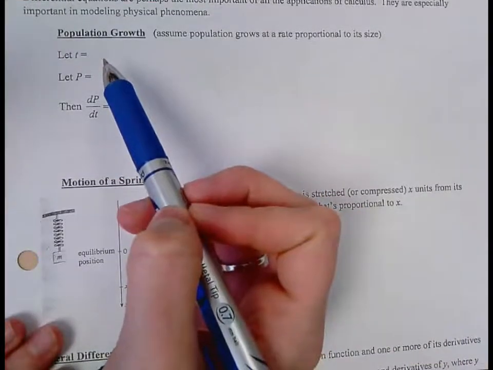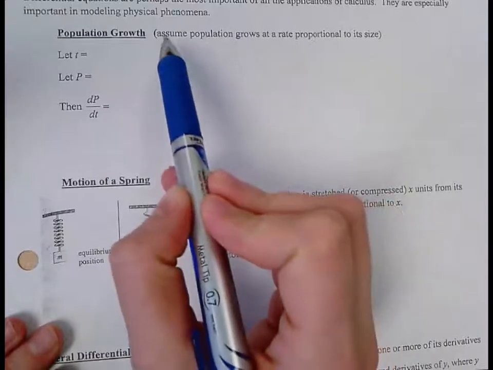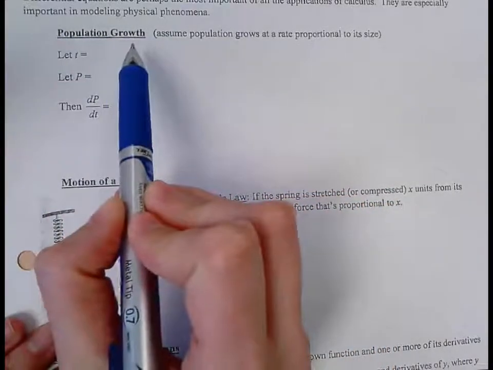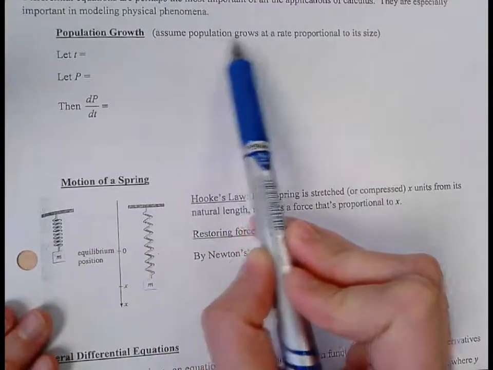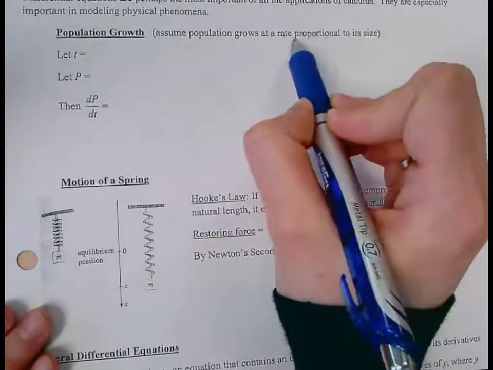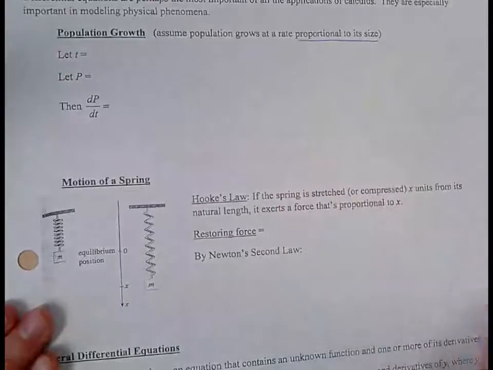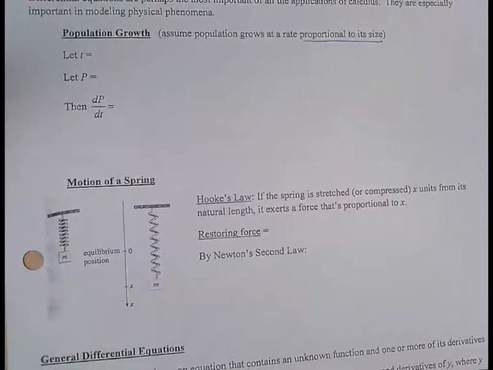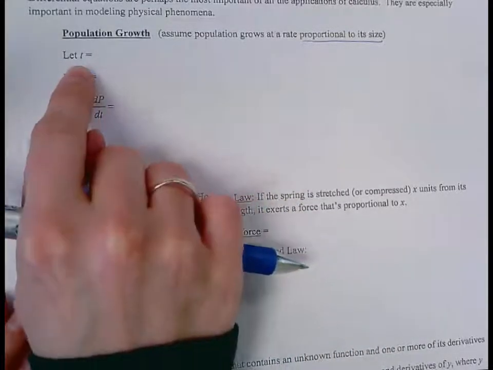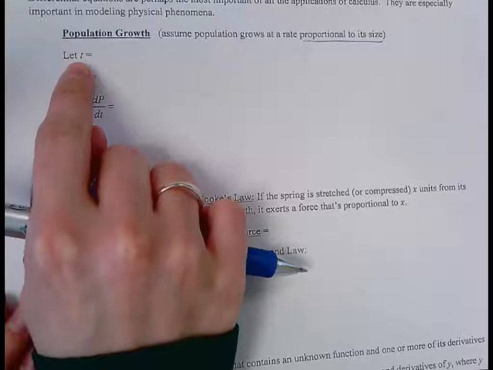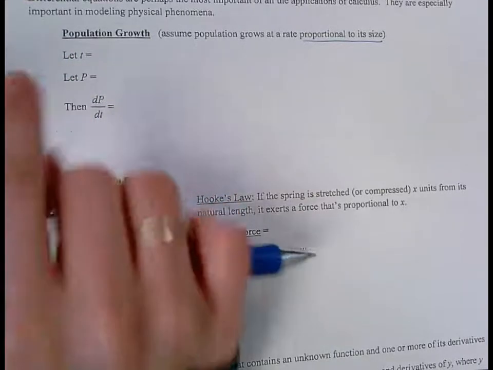So I'm going to set up an equation with you. Here in the population growth application, we are assuming the population grows at a rate proportional to its size. So that's the assumption that's made. It's growing at a rate proportional to its size. So our two variables for population growth would be t and p.